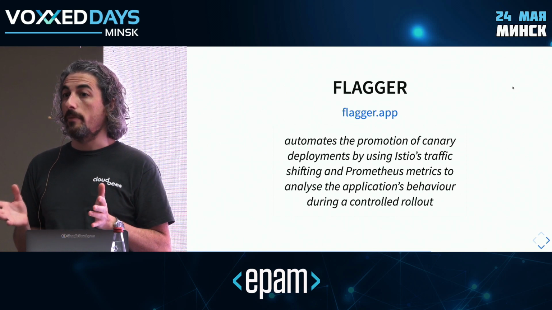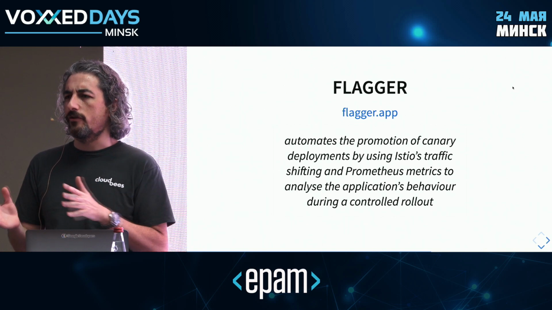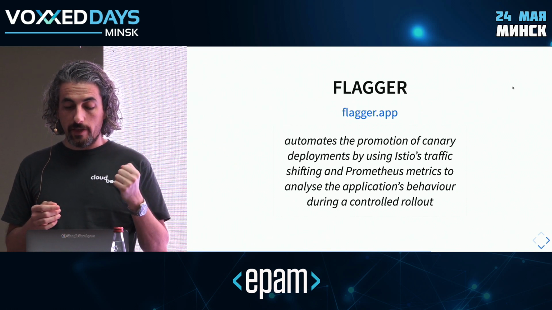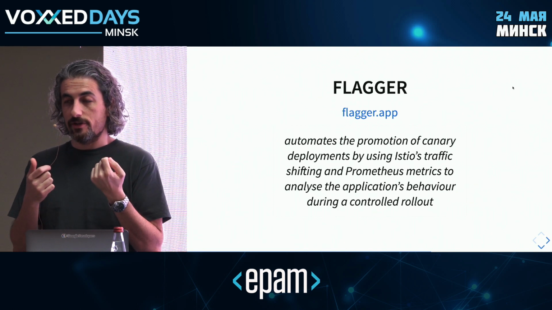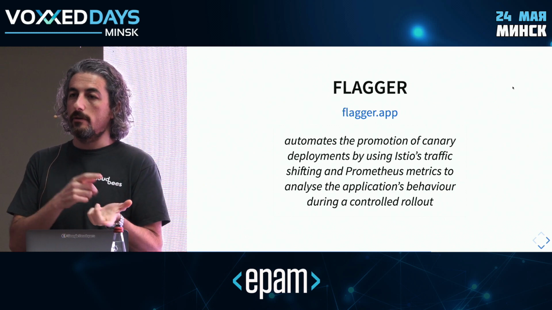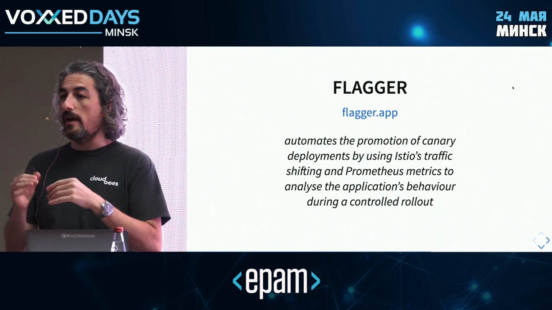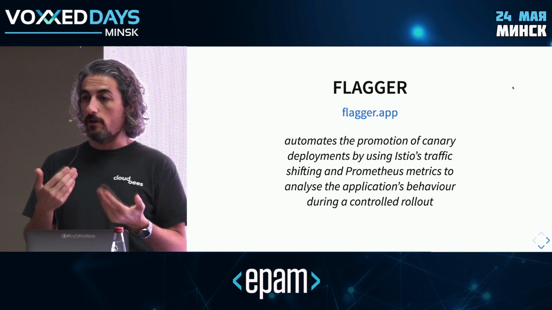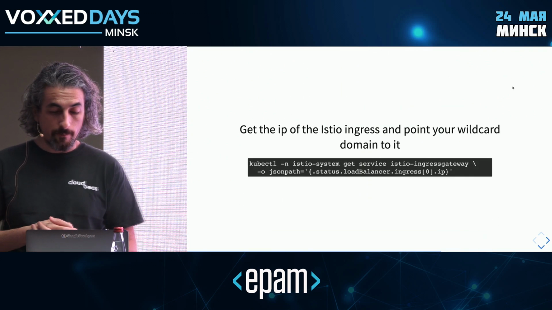And it's very complex. It has a lot of features to do that. And Prometheus is the store where Istio saves the metrics, and Flagger is basically looking at those metrics to see what's the status of your new deployment.